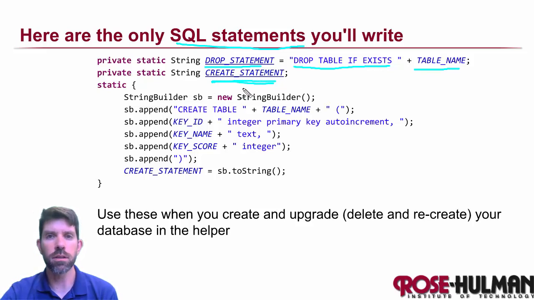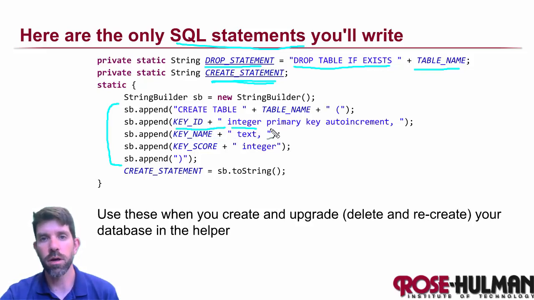The create statement is a little bit more complicated. I mean, some people would hard code this whole thing here as one big long line. Create table, scores, and then parentheses. Give it a bunch of keys. You'll notice that these guys here are just a key and then a type.